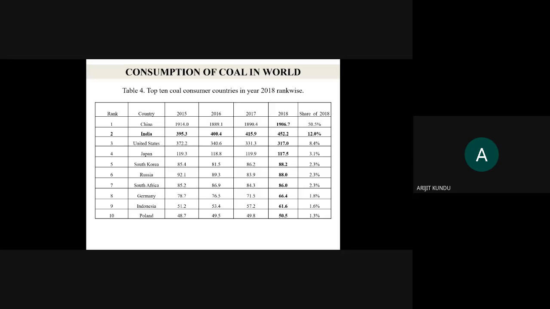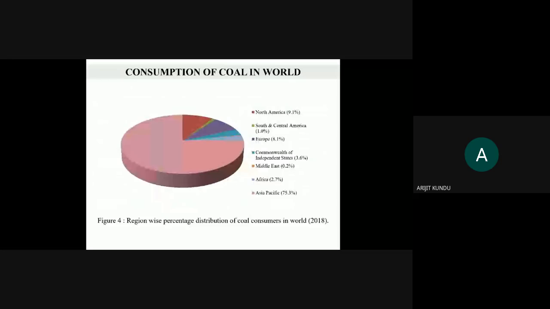You can see around 50% of the coal consumed in the world was consumed by China, and India is second on the list, third is the United States, and some other countries are also discussed here with their share. Okay, this is the region-wise percentage distribution of coal consumption in the world in 2018.